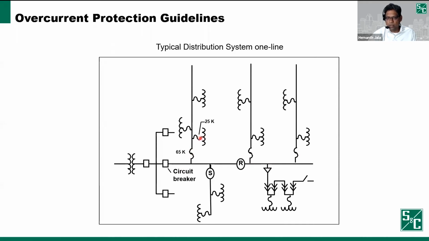You want to make sure that when there's a fault up here, only the 25K fuse operates, not the 65K, so that only the customers that are being fed by this particular transformer are out of power, and not this whole line of customers. So that's the intention behind using TCCs and looking at coordination and making sure that the devices are properly coordinated so that the outage area when you have a permanent fault will be as minimal as possible.